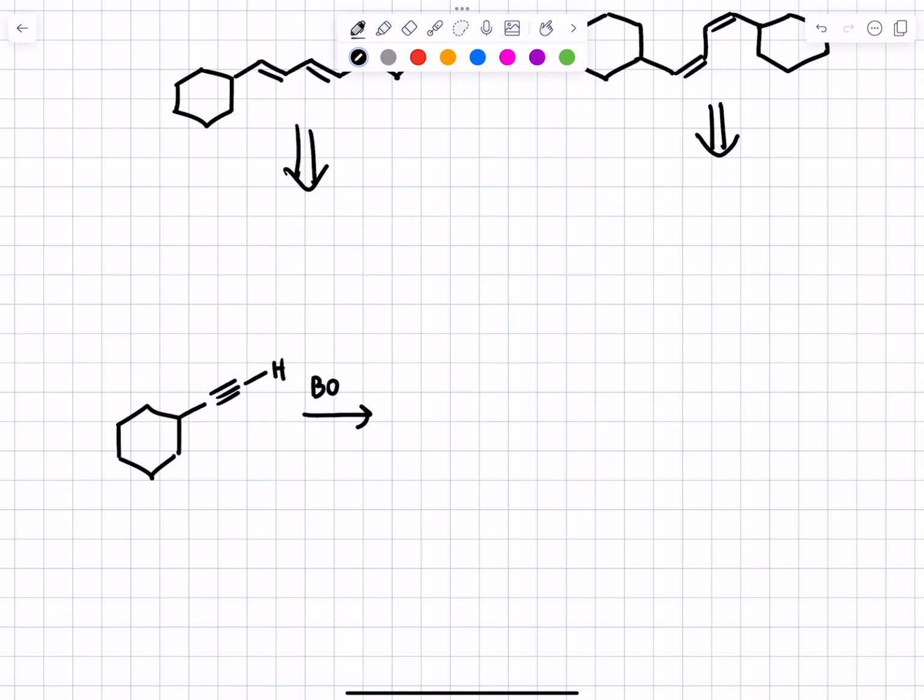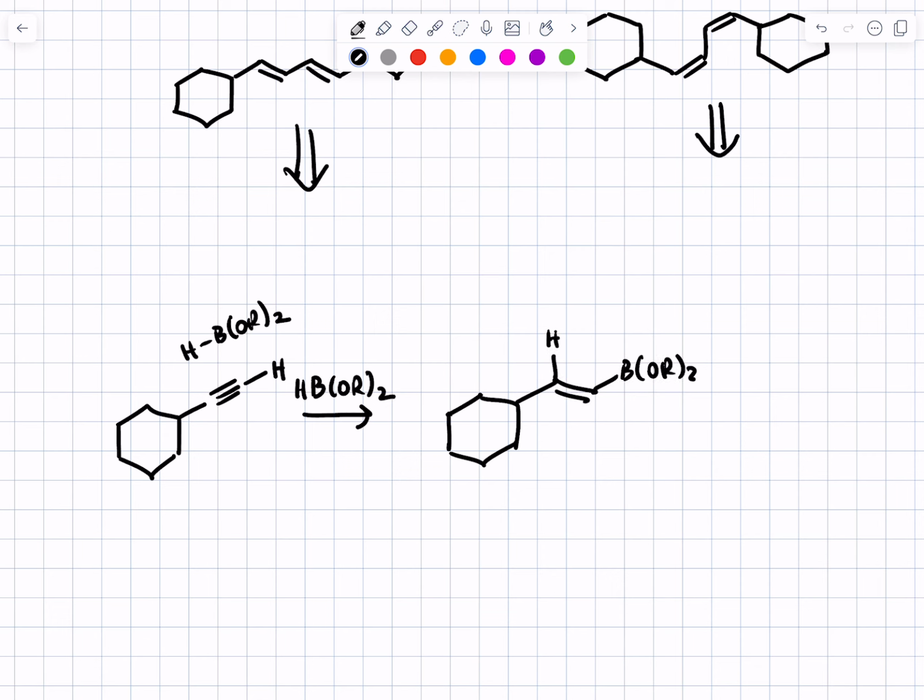You make the boronic ester using a hydroboration approach like we talked about last time, where hydroboration works like this. It's a syn addition of the boron reagent across one of the pi bonds of the alkyne to give the following molecule. The hydrogen and the boron are delivered to the same side of the alkyne.